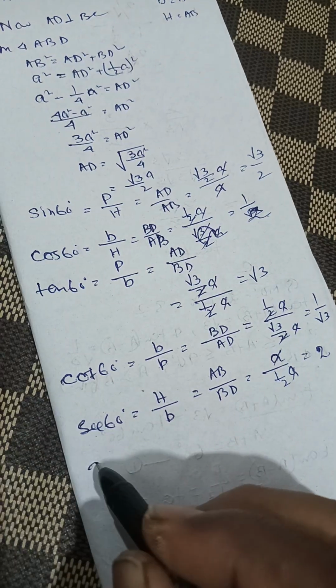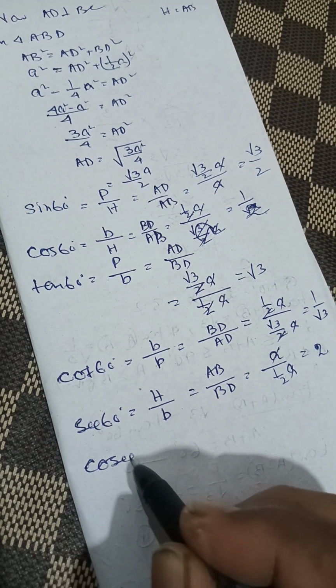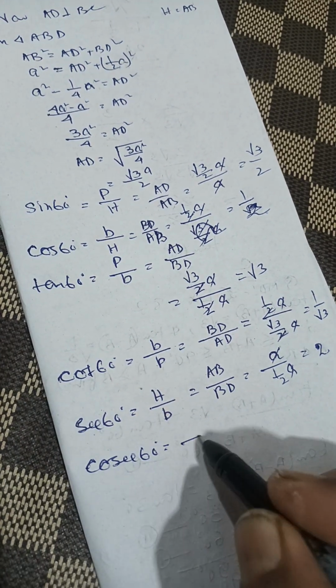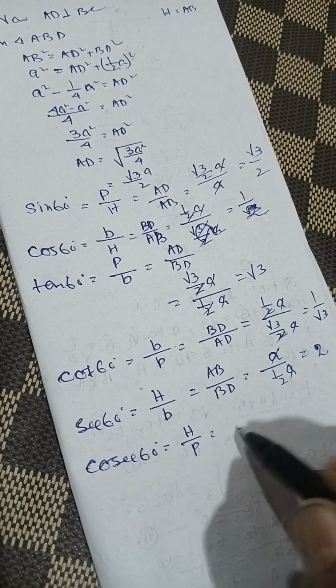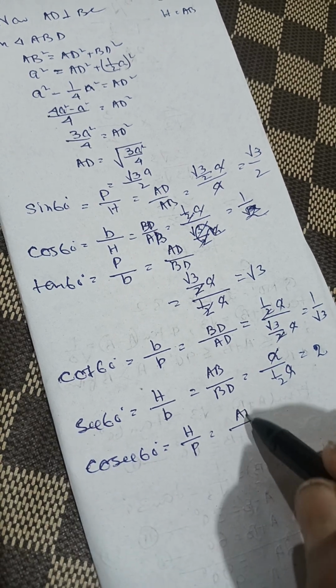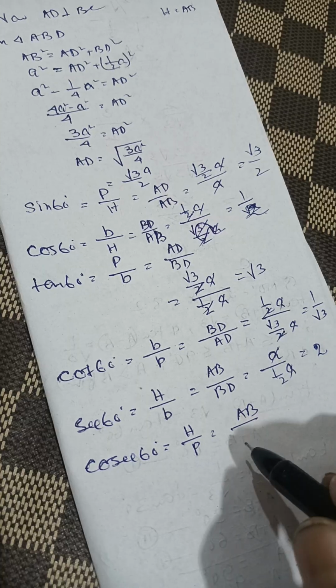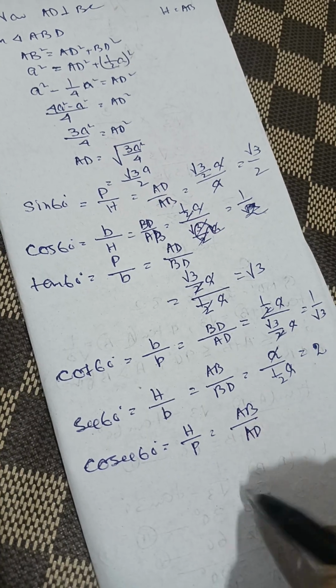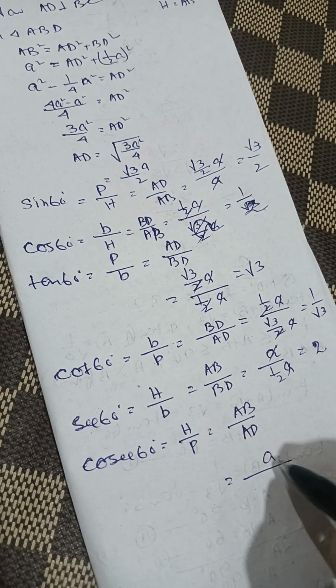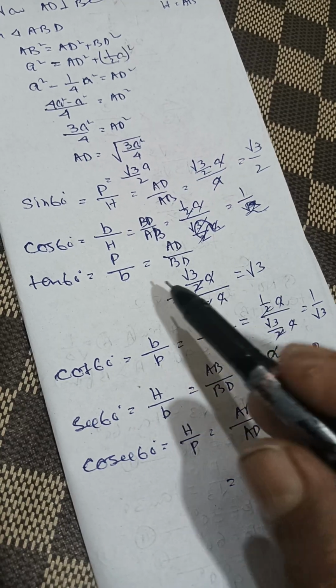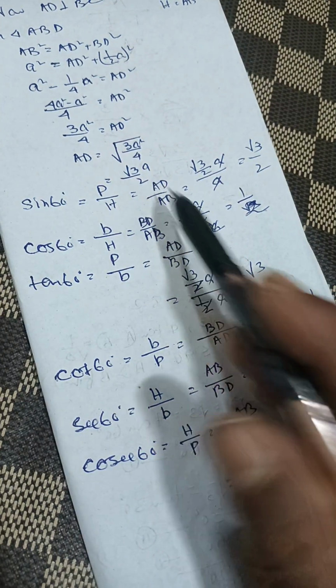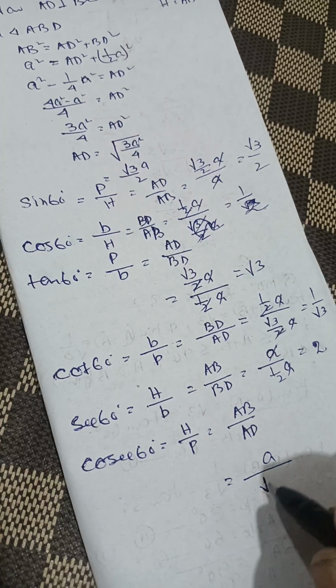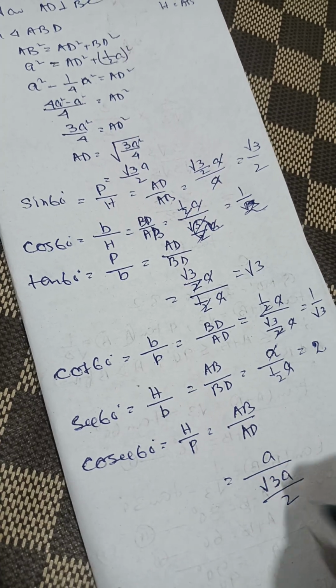So you find cosec 60. Cosec 60 is H by P. In the diagram, H is AB and P is AD. AB we know is A. AD we have just found: AD is root 3 A by 2.